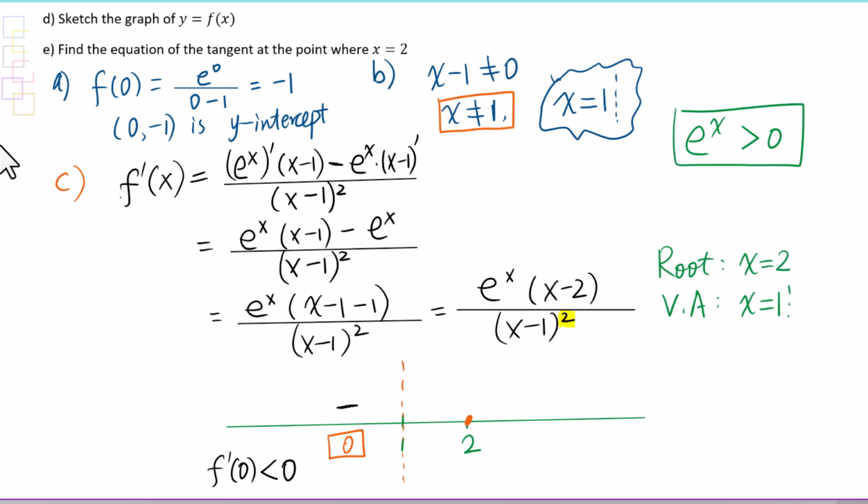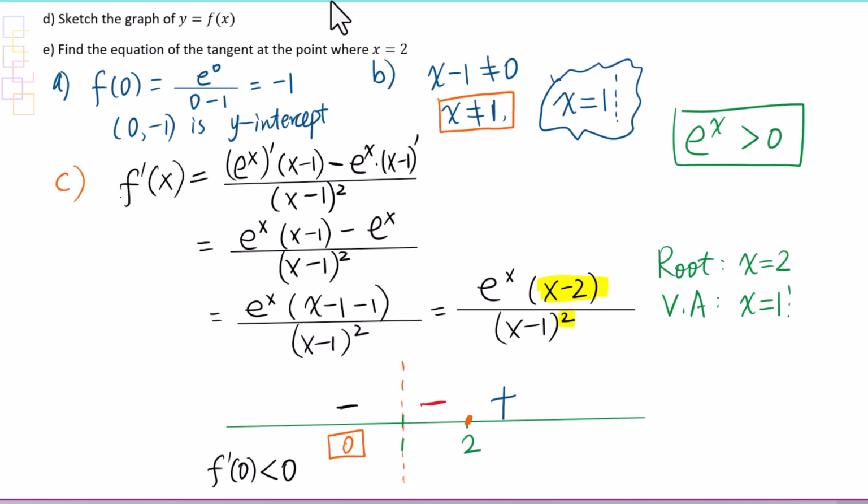Even power at x equals 1, so no sign change. Still negative. Single power for x minus 2, so we have a sign change.